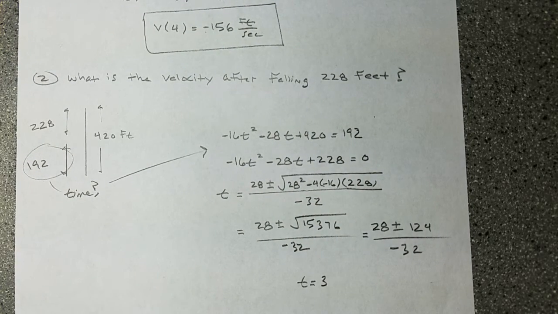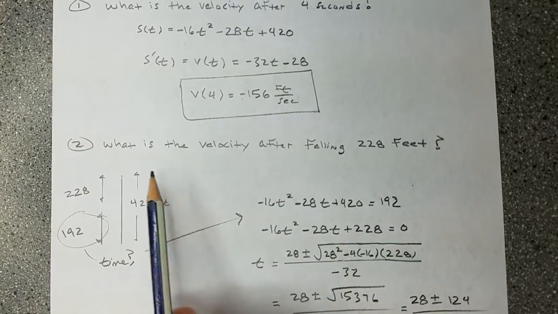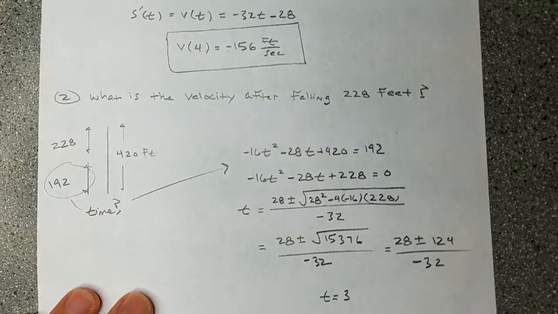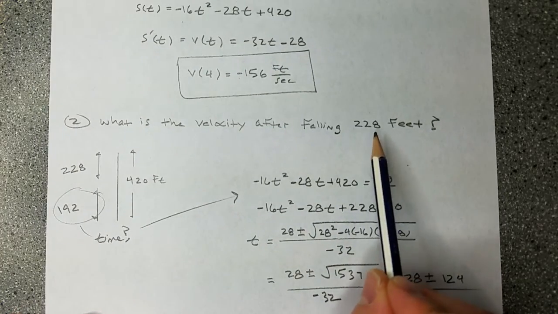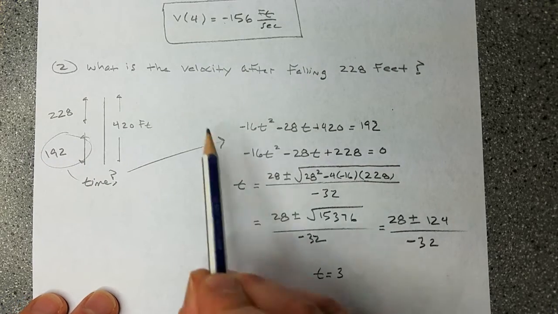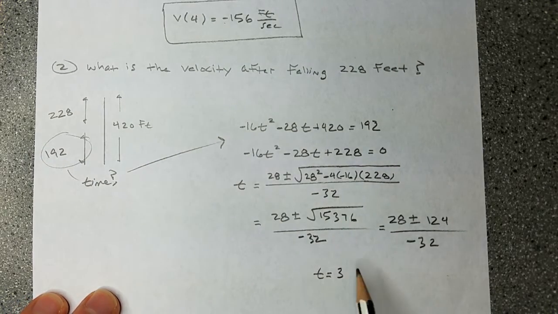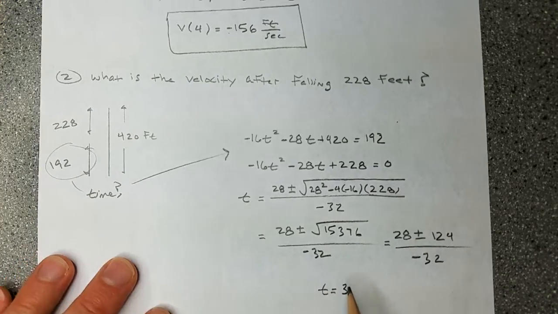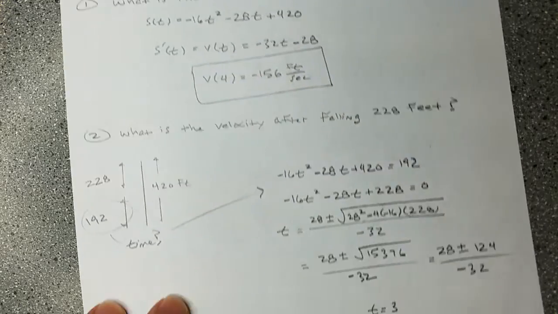All right. So when you do all this, what were we even trying to find? It says, what's the velocity after falling 228 feet? So at that moment, when it has fallen 228 feet and is 192 feet above the ground, how fast is it going? Well, there's the time. You just put the time into the velocity. That's how it works.